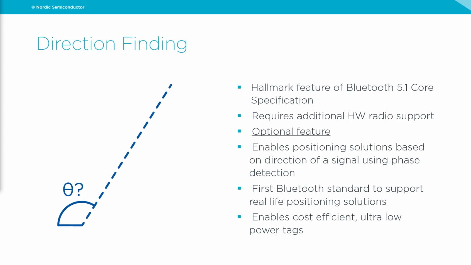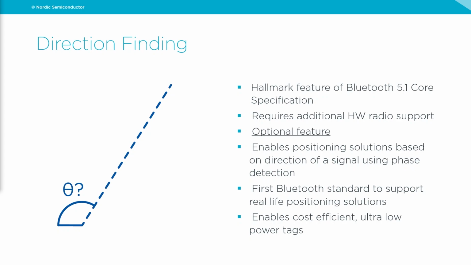And the direction finding is there to enable positioning solutions, and it does that based on the direction of a signal using phase detection. And this is actually the first Bluetooth standard where we would say that it supports real-life positioning solutions, where you can actually use it to do positioning.